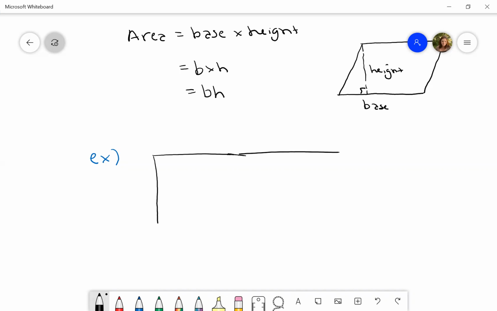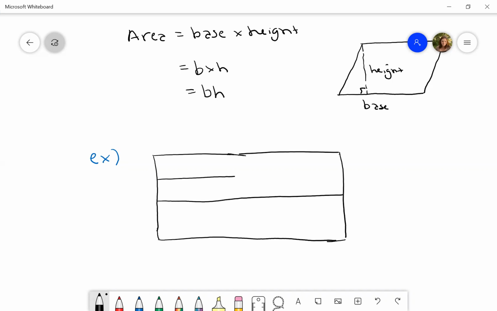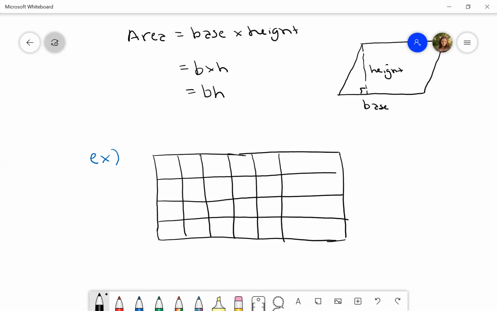And let's say in this grid, each square is 1 centimeter. Here, I'll make it easy. Cut that off and try to make it look relatively even. Okay, so each one's 1 centimeter.